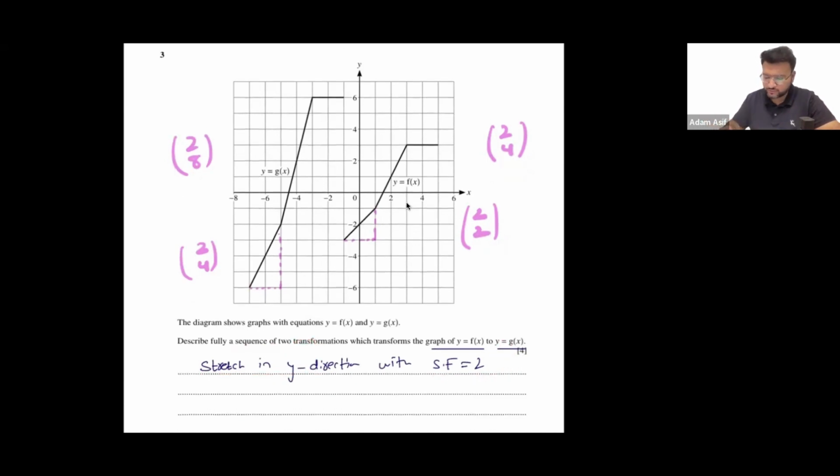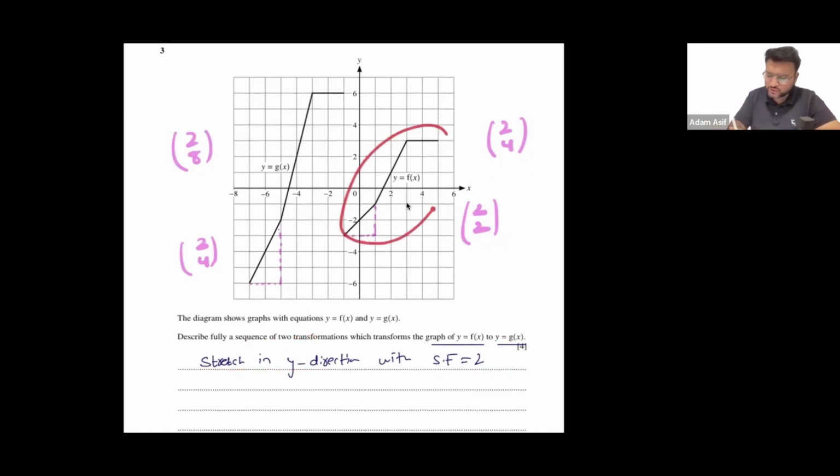Now the next transformation. What will happen if I just stretch this by a stretch factor of 2? Let's see how the graph will look. I'm doing the transformation in the vertical direction, not in the horizontal direction, so there won't be any effect on the x coordinate. The only effect is on the y coordinate. If this point has coordinates -1, -3, after stretching it becomes -1, -6.